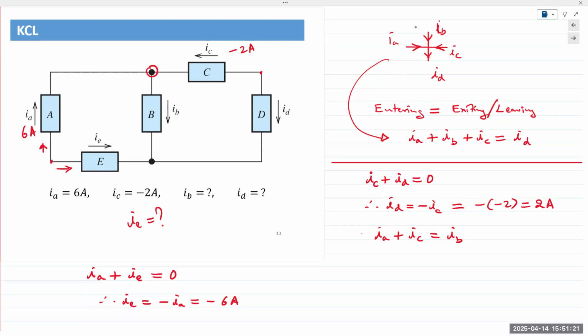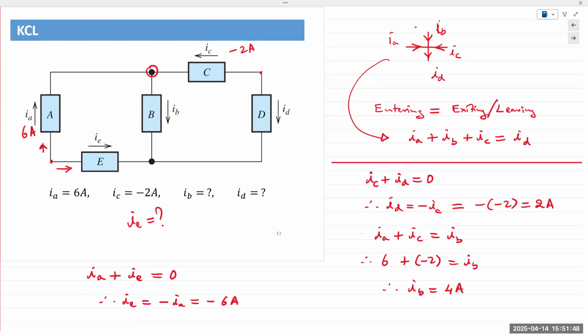IA is given as 6, IC is minus 2, is equal to IB. And then IB turns out to be 4 amps. So far, so good.